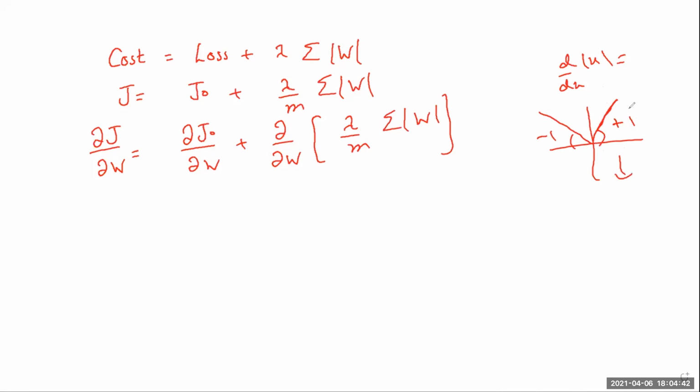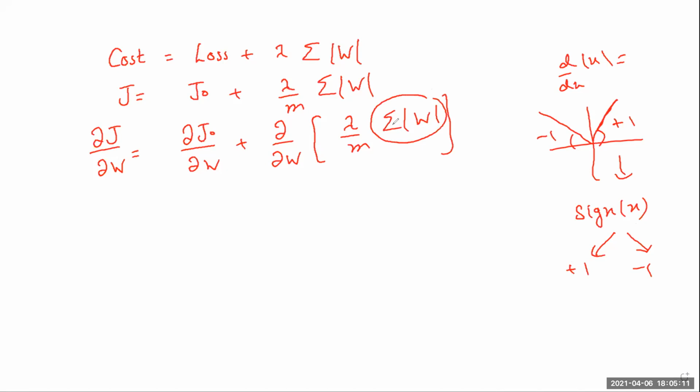Another way of saying it is that we normally write the derivative of mod of X as sign of X. If X is positive, the derivative is +1. If X is negative, the derivative is -1. This is a standard way of finding the derivative of an absolute value. Now here, instead of X, we have the variable W. So when we take its derivative, the derivative of this term is sign of W. If W is positive, you get +1.